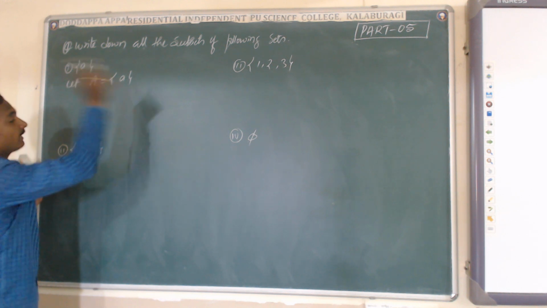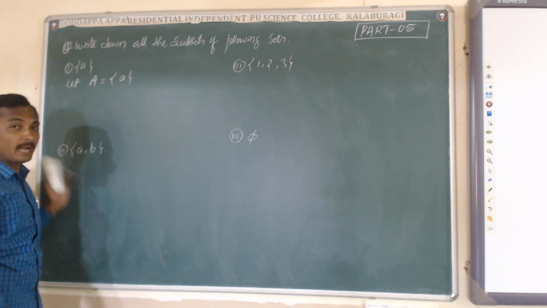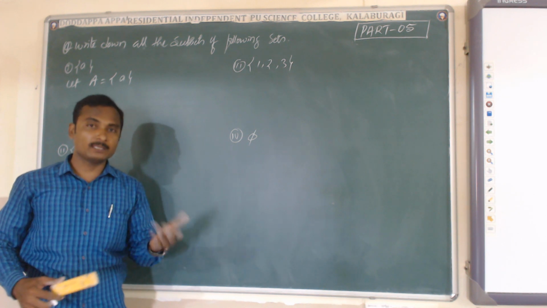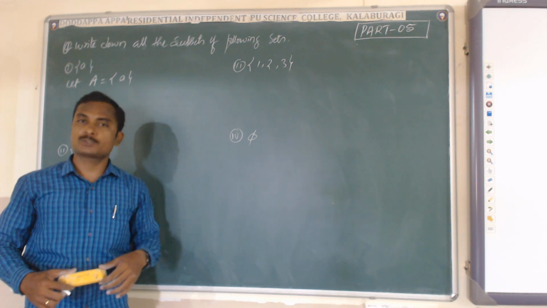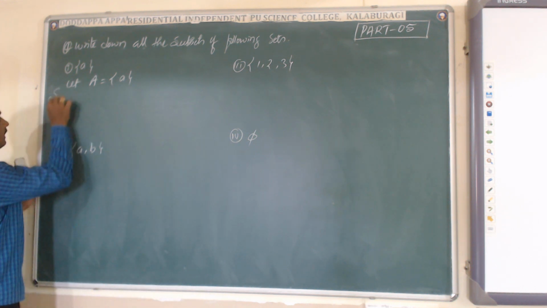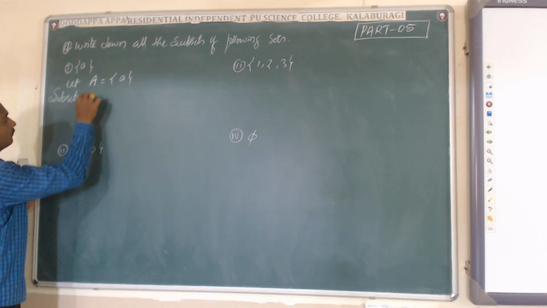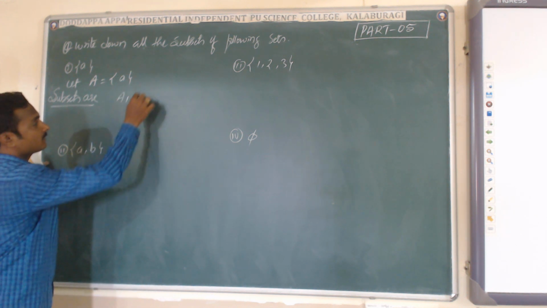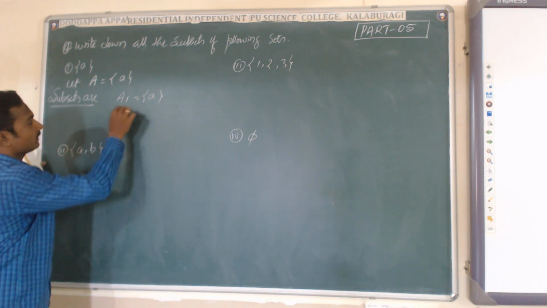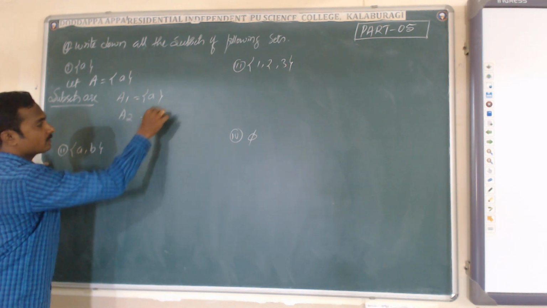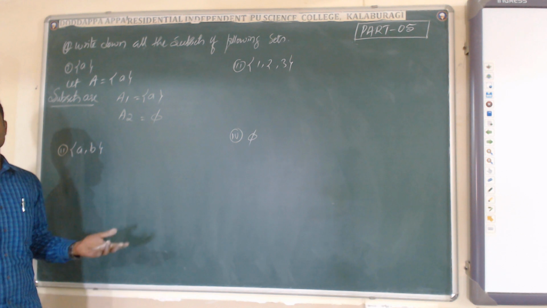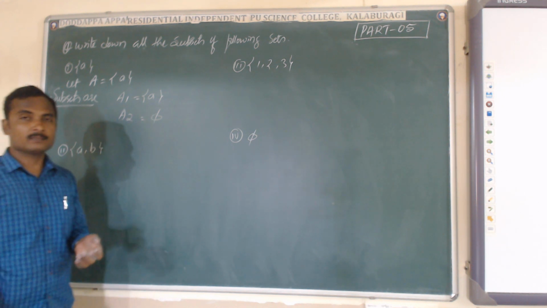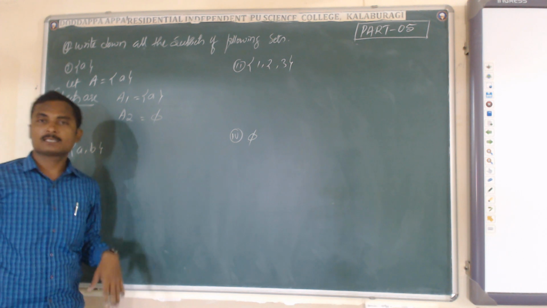Therefore, let A equal the set, and the subsets of A are A1, A2, A3, A4, A5, and so on. The first subset is the element a. The second subset is the empty set, because there are no more elements in the given set A. We have chosen the element a, and there are no more elements.